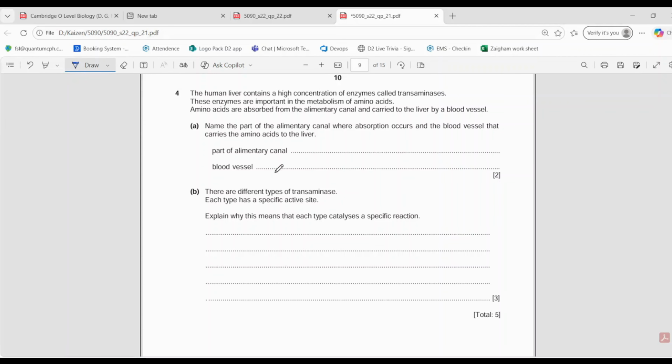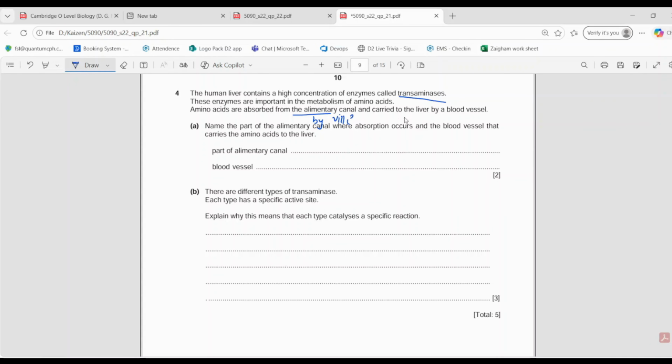Okay. The liver contains a high concentration of an enzyme called transaminase. The function of this is it is important in the metabolism of amino acids. Amino acids are absorbed from the alimentary canal by the small intestine. What is present in the small intestine?